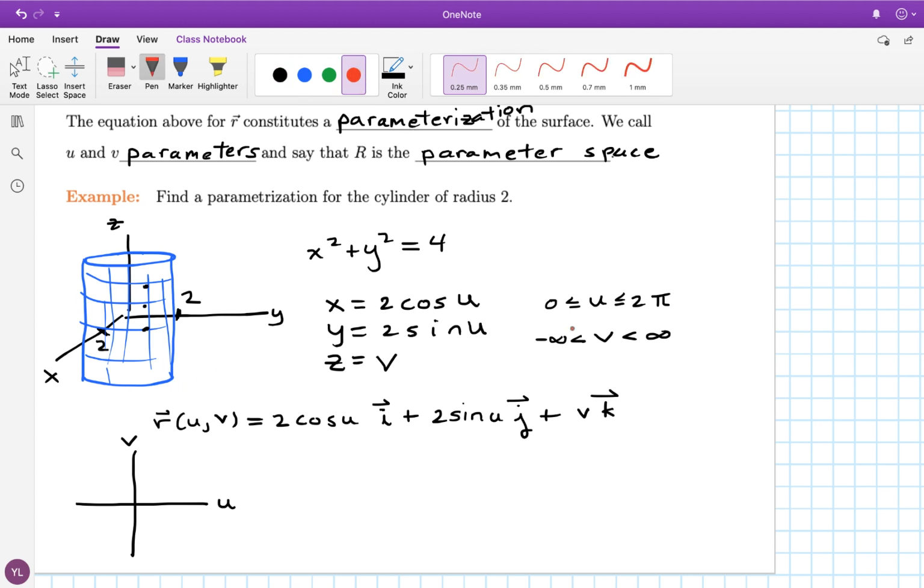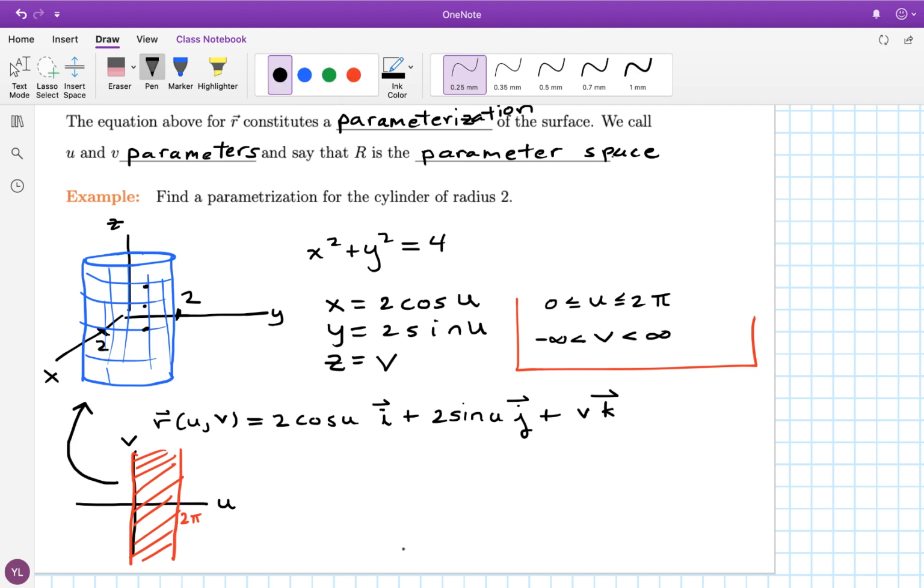So this expression bounding the parameters looks like the following. Ranging u between 0 and 2 pi, and then ranging v from negative infinity to positive infinity is like a strip. And this is the parameter space. These are the values of the parameters that go into this vector function, and the output is the cylinder.